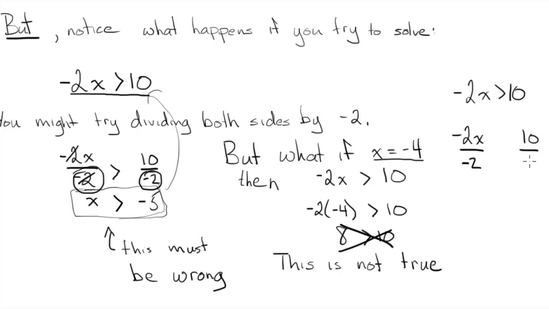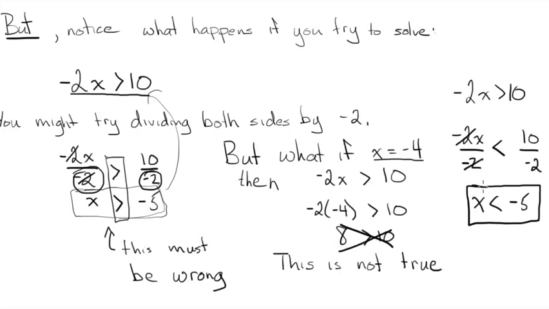And the mistake we had made is we left the inequality sign as it was. But now we know we have to switch it. So now the negative 2's reduce. x is less than 10 divided by negative 2 is negative 5. So the solution set is x less than negative 5 instead of x bigger than negative 5. So any number less than negative 5, if I sub it into this, will now make it true.